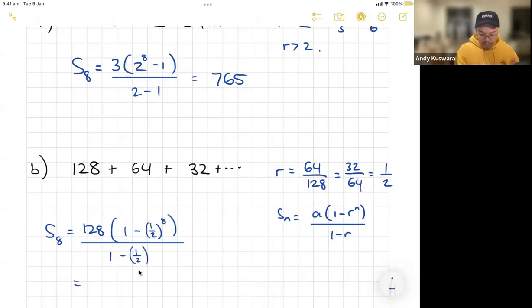Okay, so for this one here, do your best to put the whole thing in. And you should get, I'm hoping, something like 255, and that sounds about right. Okay, because your numbers are getting smaller and smaller.